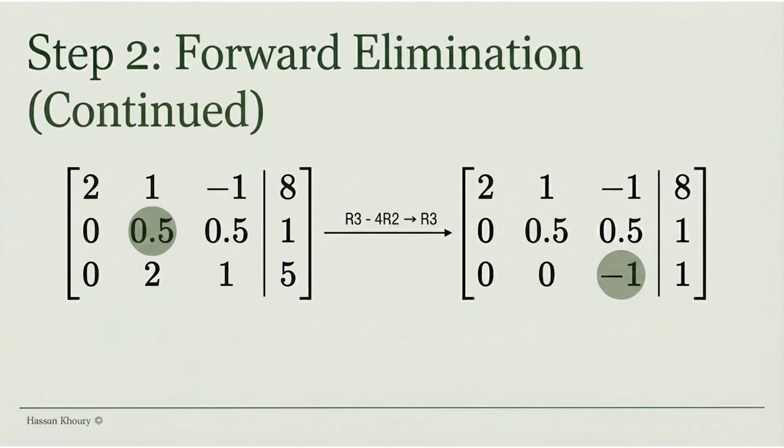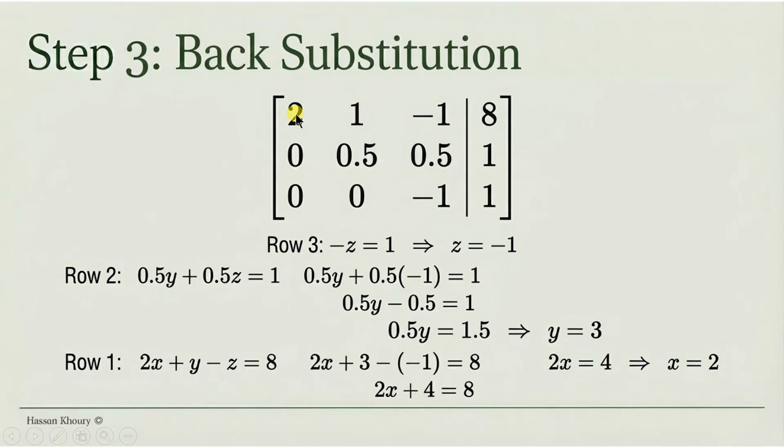So what will it be? This is already 0, and this will also be 0, and this will become minus 1, and the values will be updated. This will be 1. So now we have the matrix 2 1 minus 1 8, 0 0.5 0.5 1, and 0 0 minus 1 1.